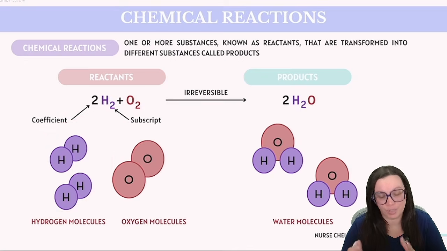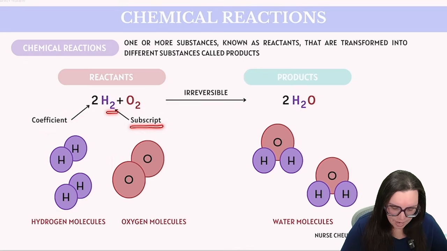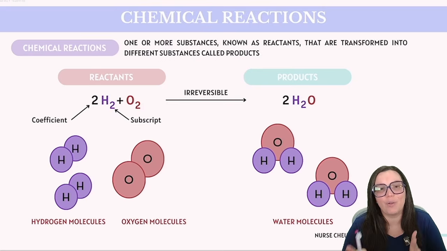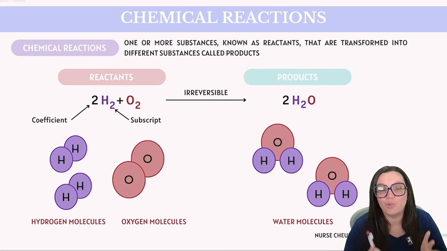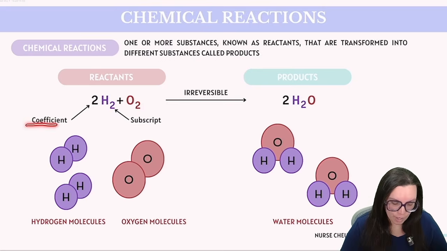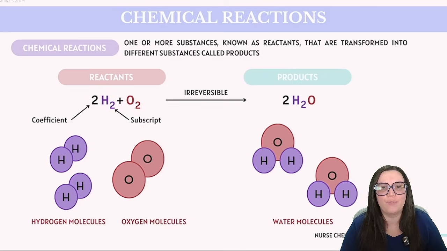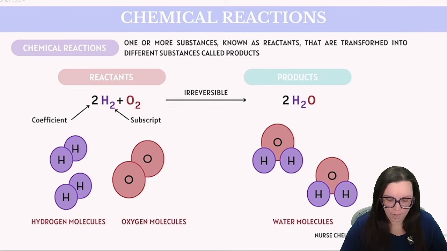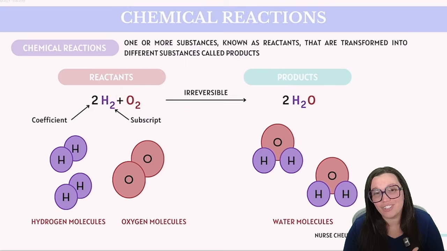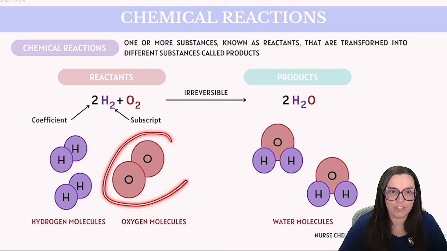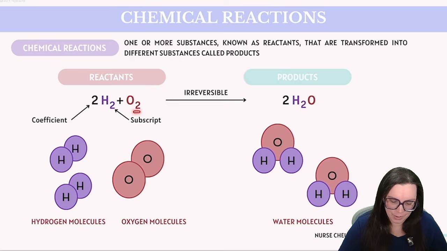The subscript 2, like we see here at the bottom of our hydrogen, lets us know that our molecule contains 2 hydrogen atoms, while the coefficient 2, right here before our H2, indicates the presence of 2 such molecules for the reaction to occur against each molecule of molecular oxygen. Similarly, molecular oxygen is made up of 2 oxygen atoms, as noted by the subscript 2.